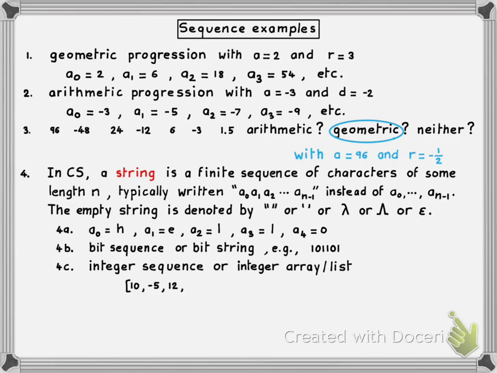So for example, this one-dimensional array, in a pretty common notation with square brackets in many programming languages, is also a sequence of integers where a sub 0 is 10, a sub 1 is minus 5, and so on and so forth. Again, this sequence is finite, since we usually don't handle infinite data structures. So this concludes this short segment with a few examples of sequences.